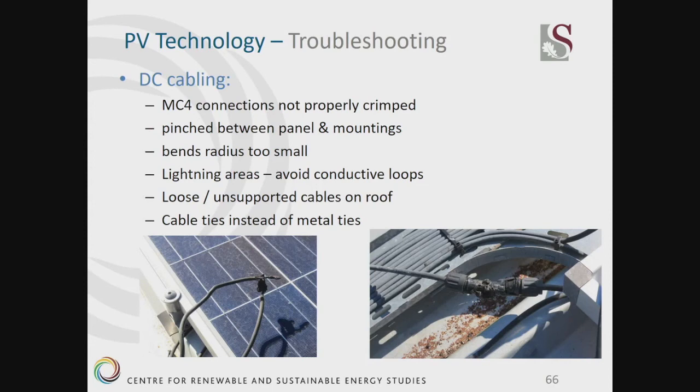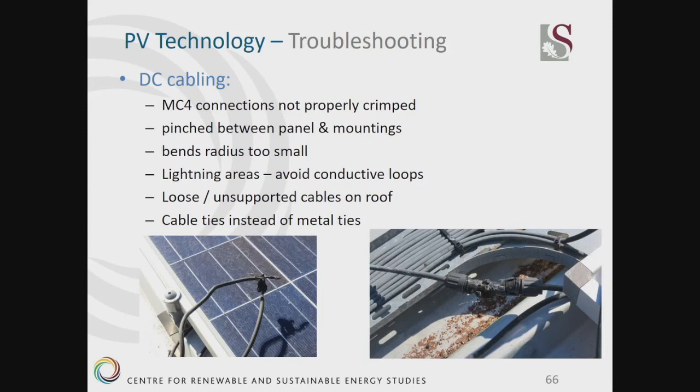If you bend the wires too close or with too small a radius, you might get internal damage that will only become apparent in the long run. In areas where lightning strikes, we need to avoid conductive loops because this can induce large voltages and currents that damage equipment. All loose and unsupported cables should be taken care of in an installation.